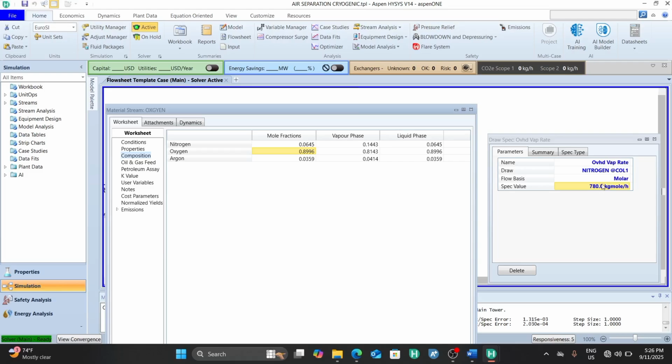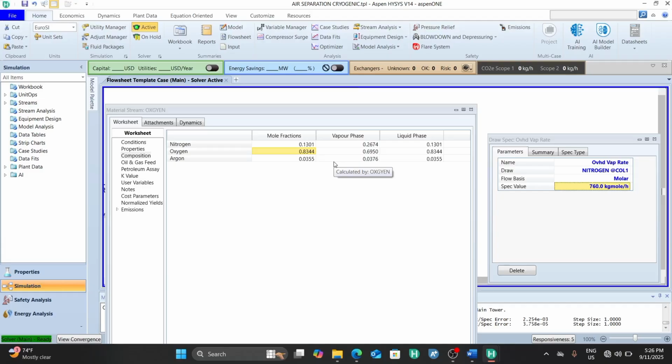So let's try 760. See if that's the breaking point for us. Working with 760, we have a flow rate for oxygen of 240, and we're currently having 83.44% oxygen.